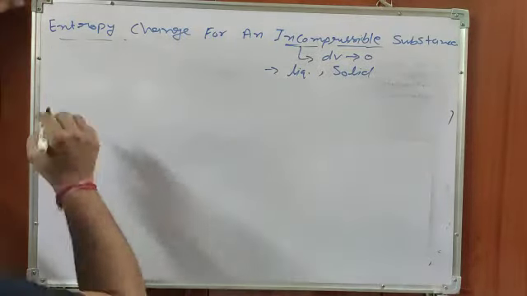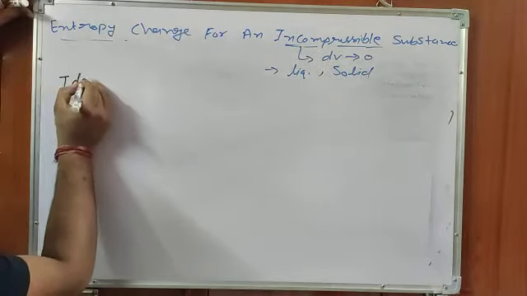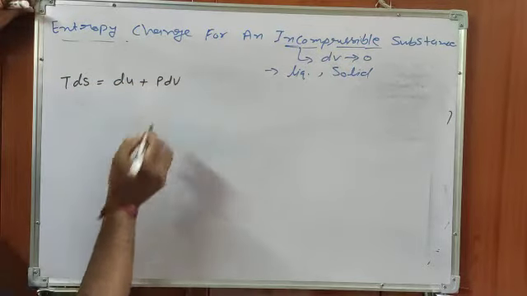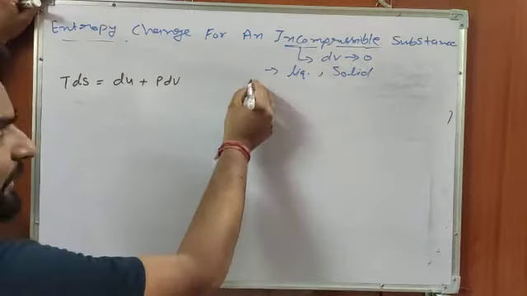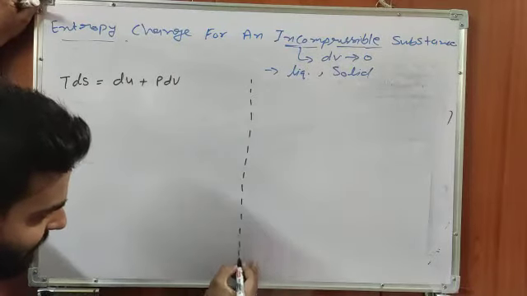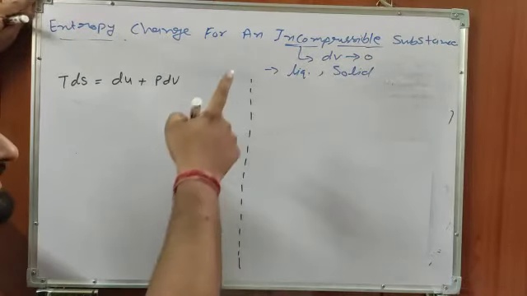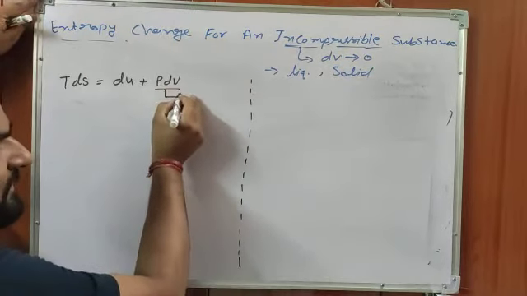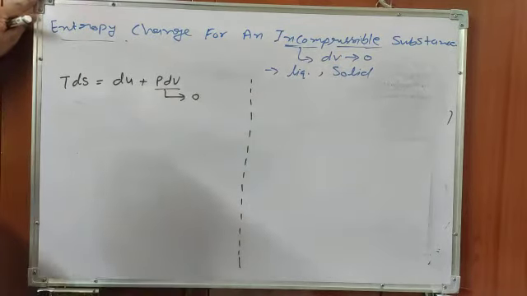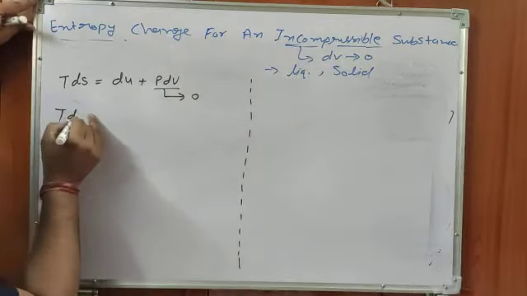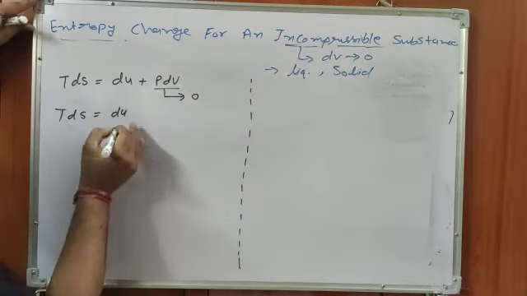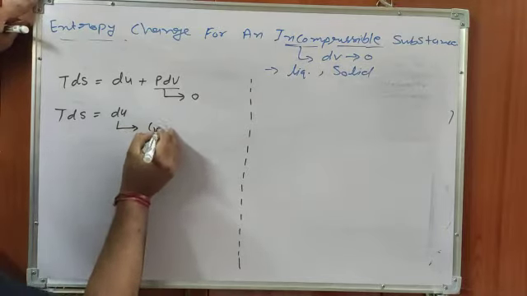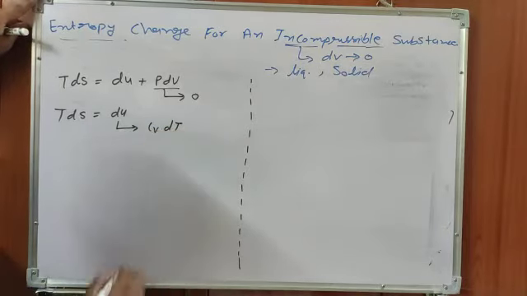From the TdS relations, TdS is equal to du plus PdV. For an incompressible substance dV is 0, so this term is 0. Now TdS is equal to du, and du is Cv dT.